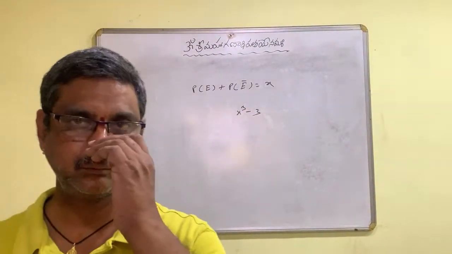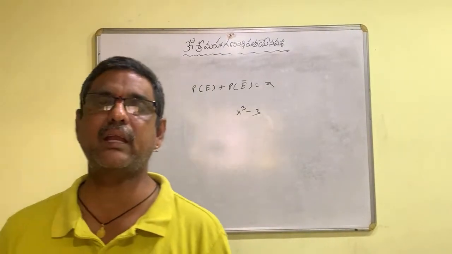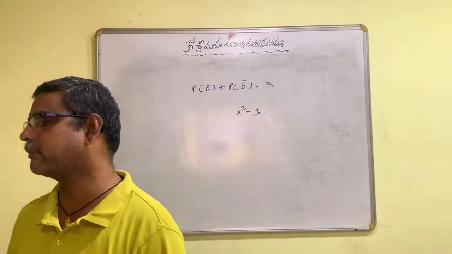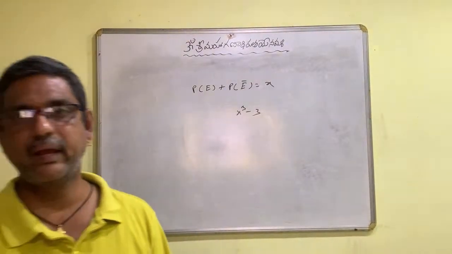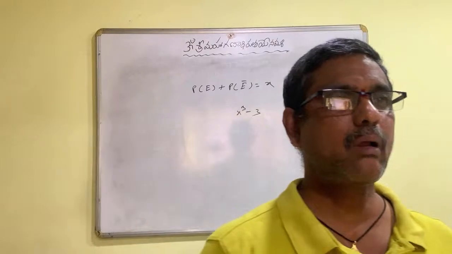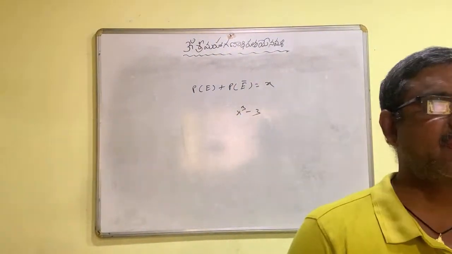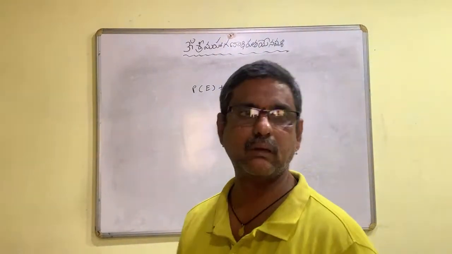Children, I told you when I was teaching the probability class, the probability of an event happening plus the probability of the event not happening is 1.